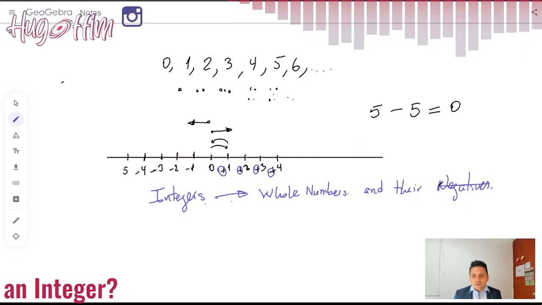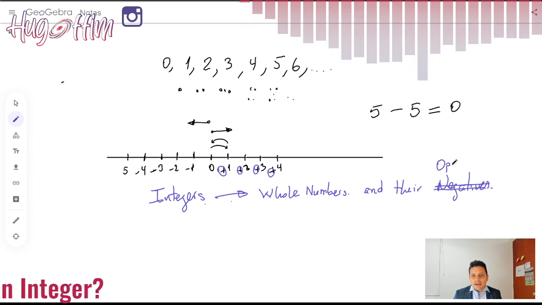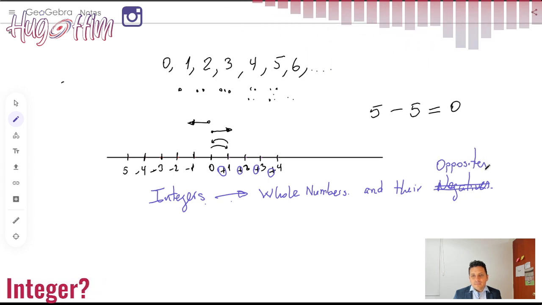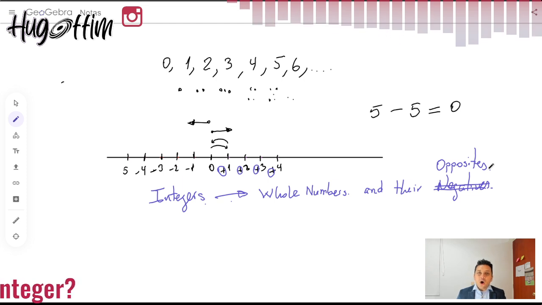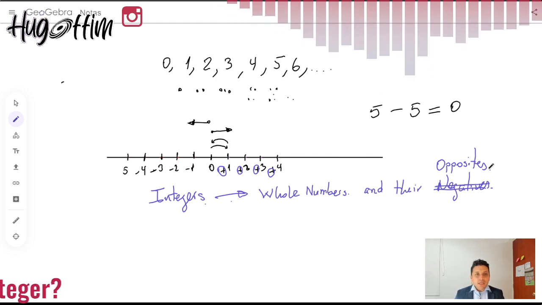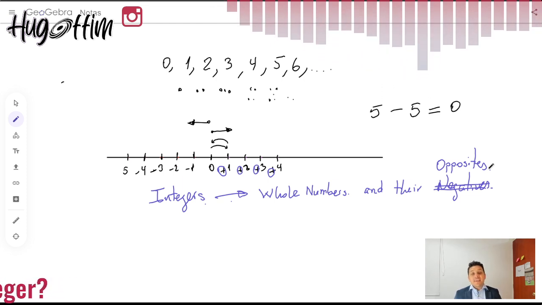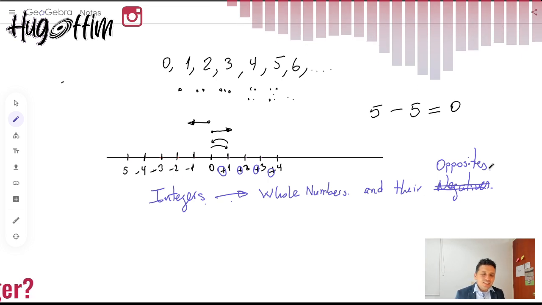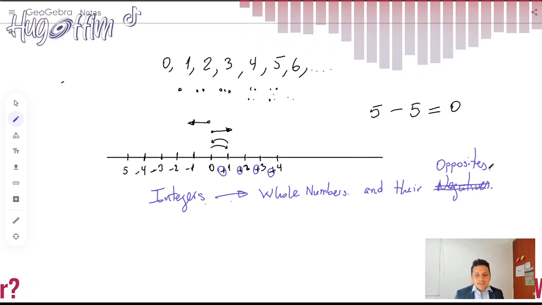I prefer to call them opposites, but you can call them negatives. So the whole numbers and their opposites lead you to the integers. The integer set is just the whole numbers and the opposites.